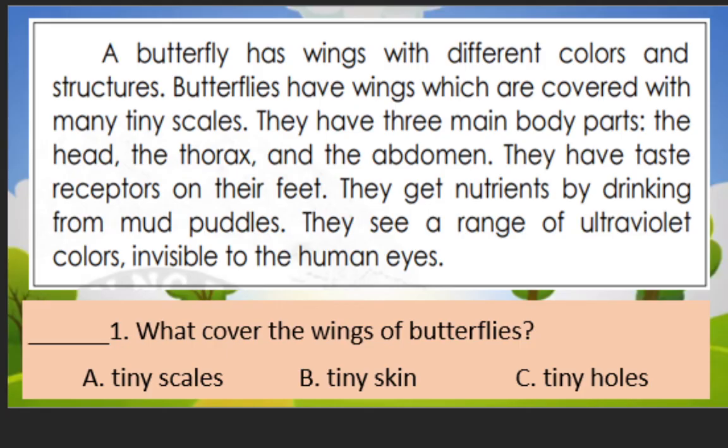Question number 1, what covers the wings of the butterflies? Is it A, tiny scales, B, tiny skin, or letter C, tiny holes? Again, what covers the wings of the butterflies? Is it A, tiny scales, B, tiny skin, or letter C, tiny holes?